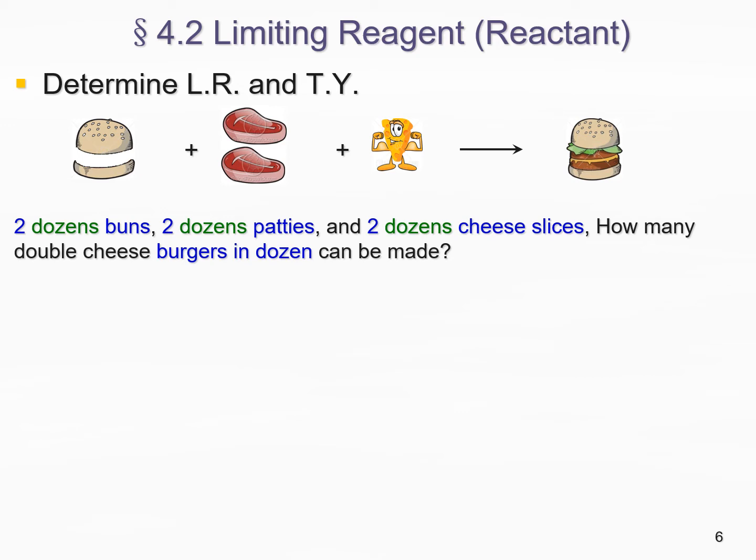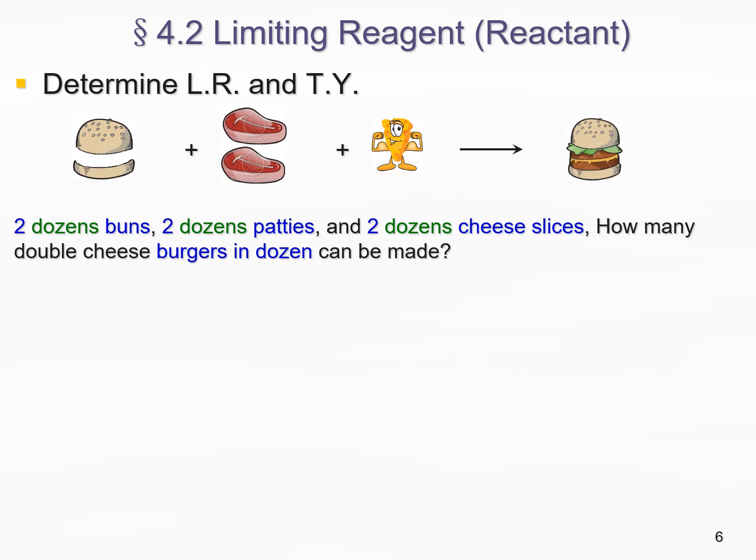Remember, when we have this type of calculation problem, especially when we realize the limiting reactant, there's, I'm not saying always, but almost always a concept of theoretical yield associated to this question.